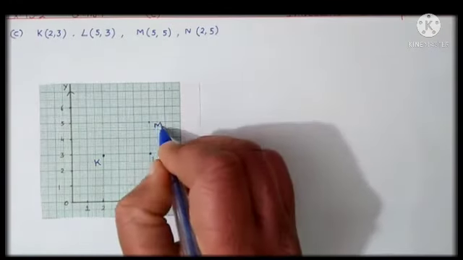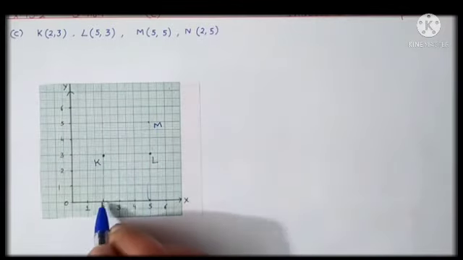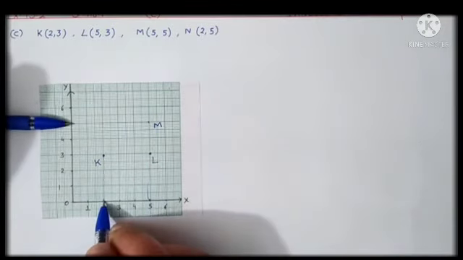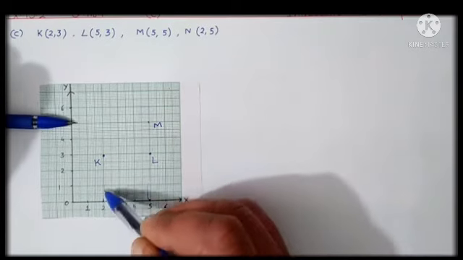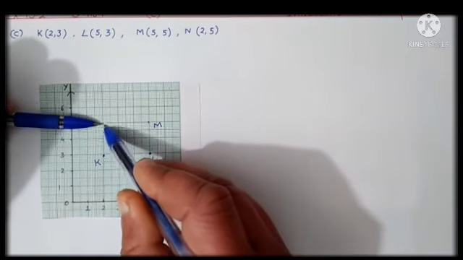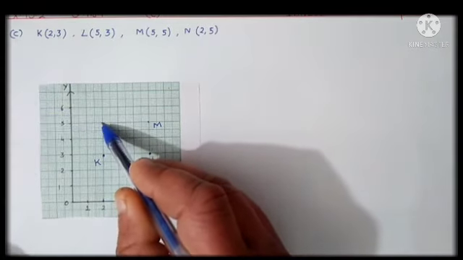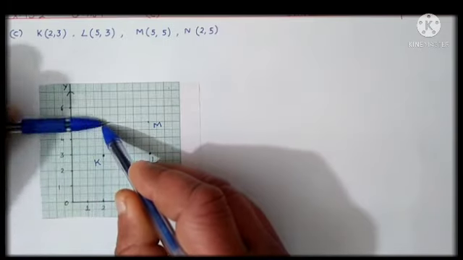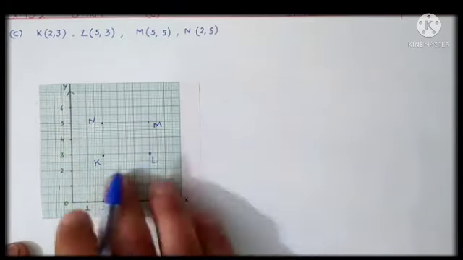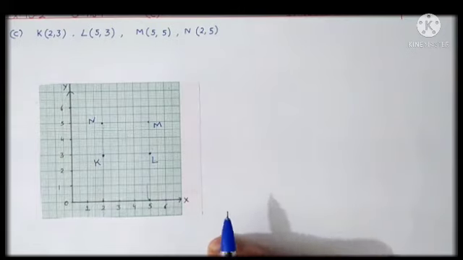And from here only you can see that these points won't form a straight line. So observe the figure which these 4 points will form, whether it will be a square or a rectangle.